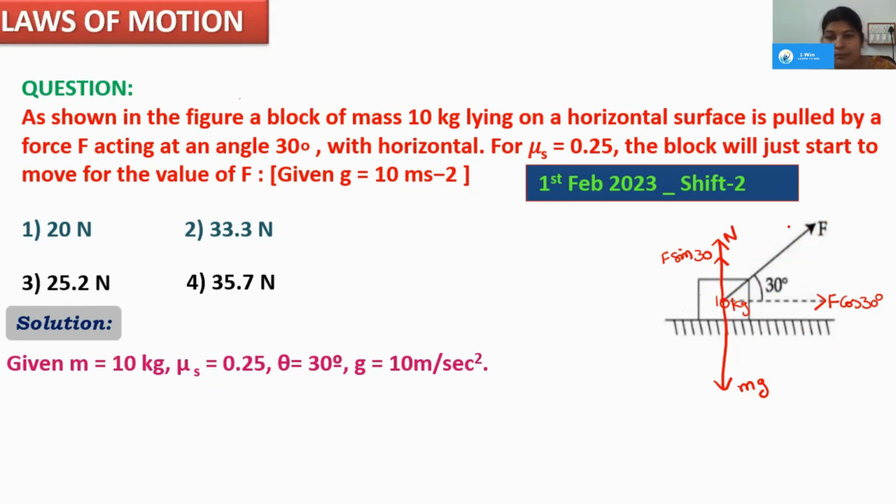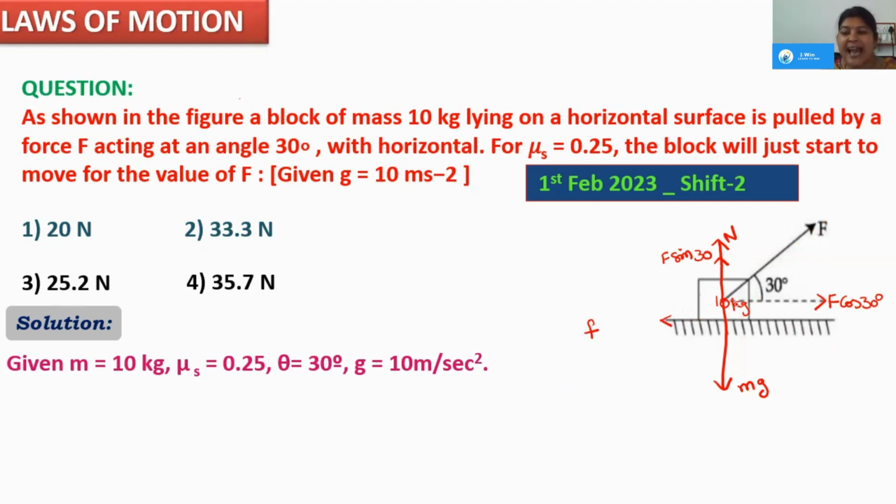Here the main important force is the frictional force. The frictional force acts along this direction, always opposite to the tendency of motion. Normal to the contact surface, the normal reaction is acting, and the frictional force, small f, always acts opposite to the tendency of motion, right?